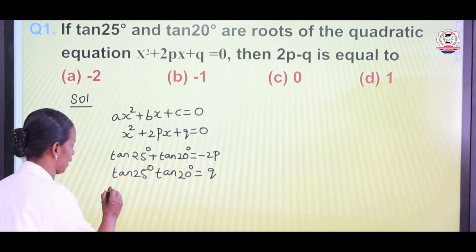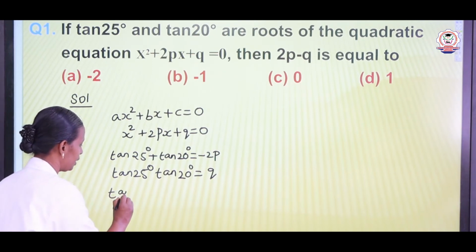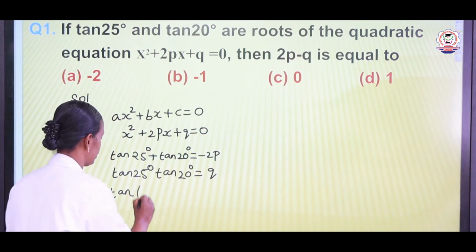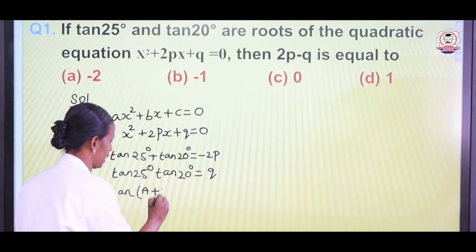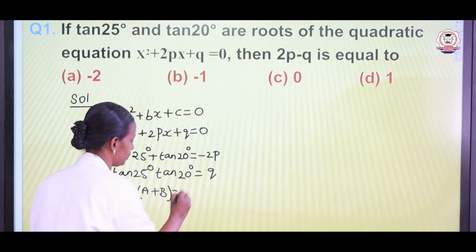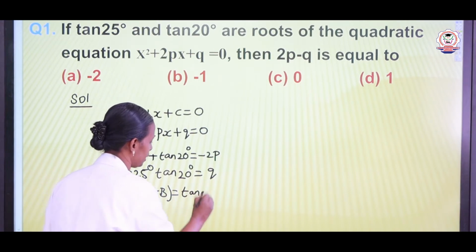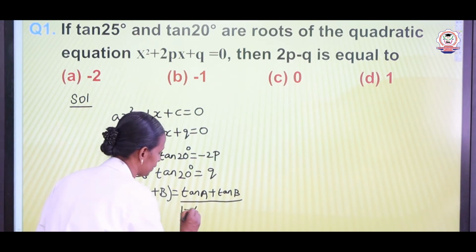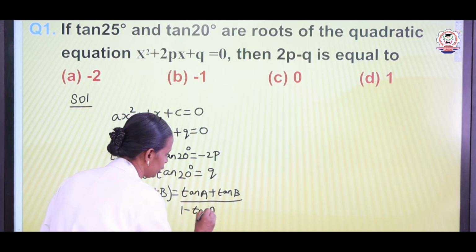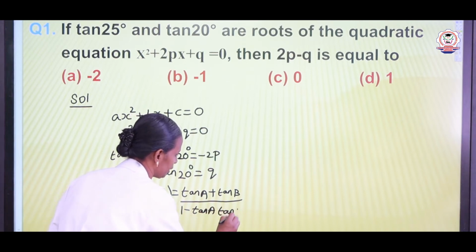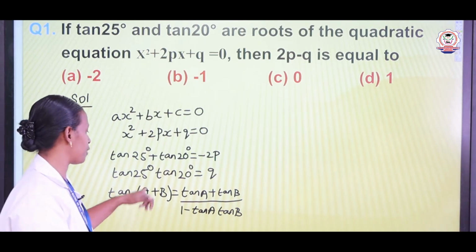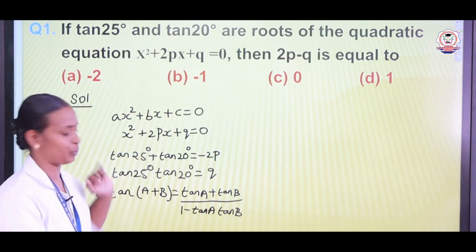We know the formula, tan of a plus b equal to tan a plus tan b divided by 1 minus tan a into tan b. This is the formula. So here we are using, instead of a and b, 25 degree and 20 degree.